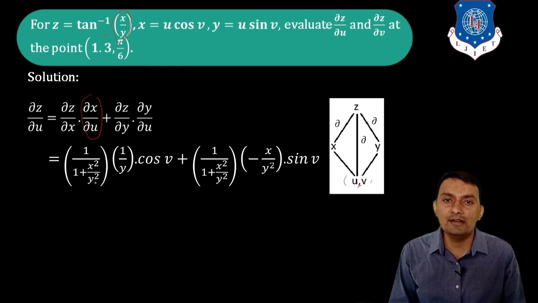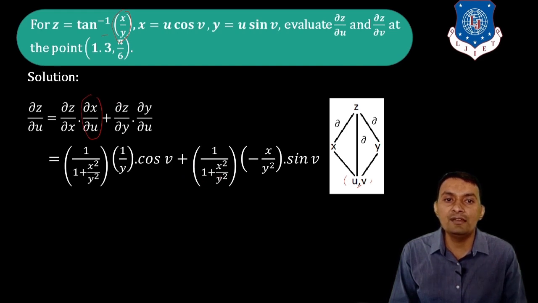x square divided by y square is there. And then the derivative of x divided by y with respect to x, that is going to be 1 divided by y. And del x by del u, so this is that. So del x by del u will be only cos v. Plus we want del z by del y.